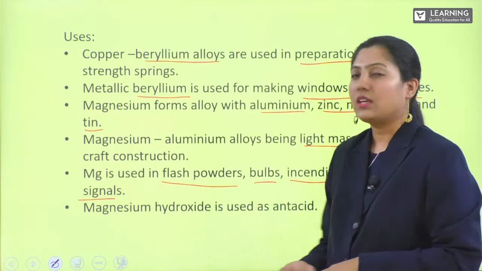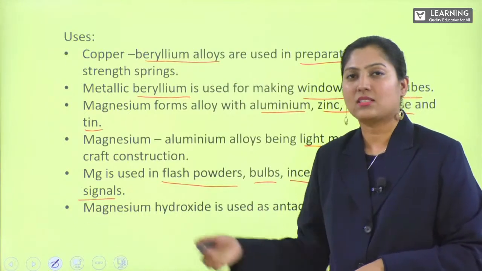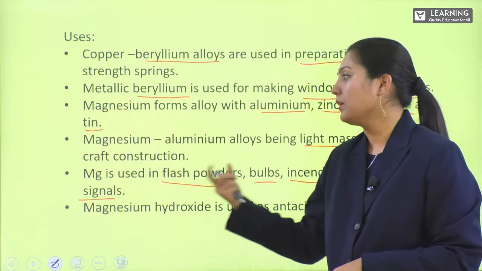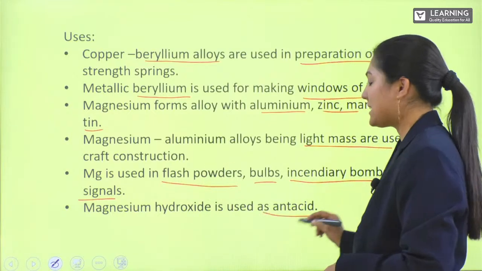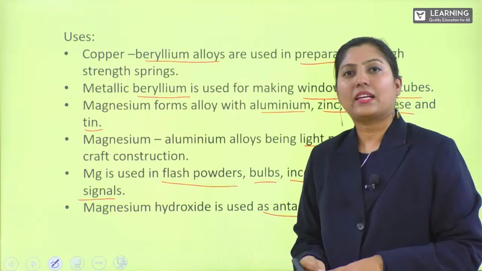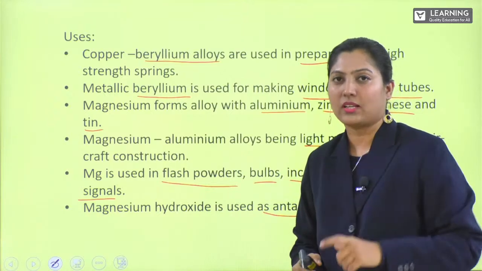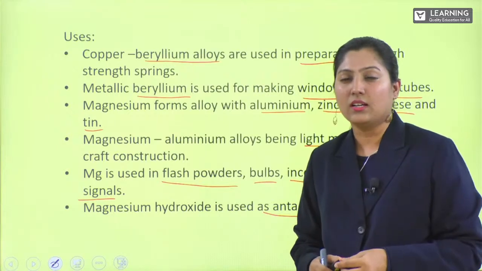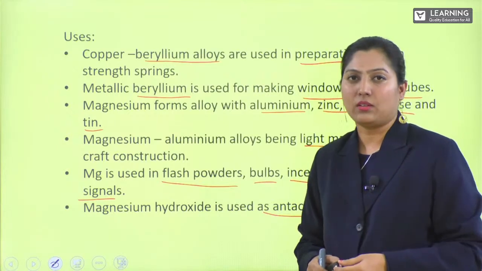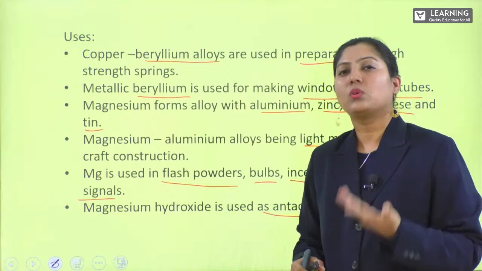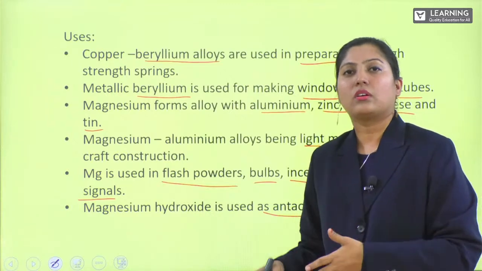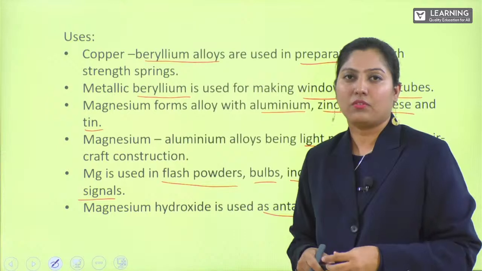Magnesium hydroxide is an important compound of magnesium, which is used as an antacid. If we get gastritis, what does the doctor prescribe? The tonic, right, which will be pinkish in color. That is nothing but magnesium hydroxide. The stomach produces hydrochloric acid for dissolving whatever we eat.